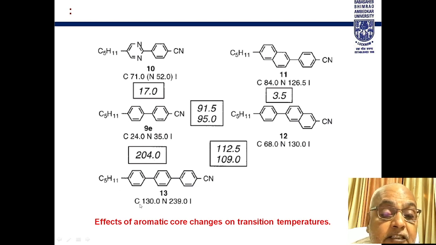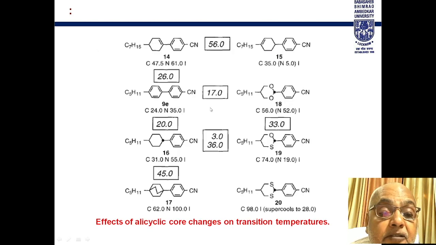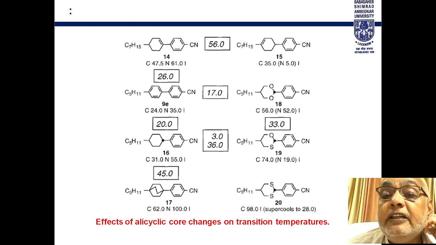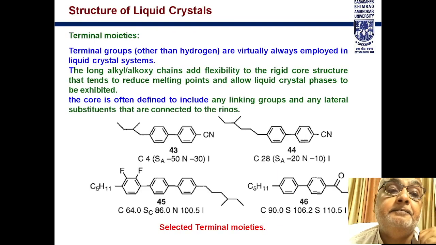For example, this is at 130 degrees crystalline, and then it forms aromatic up to 259, 39 degrees. There are more examples like this. One can see and understand that the core has a role in its transition temperature.